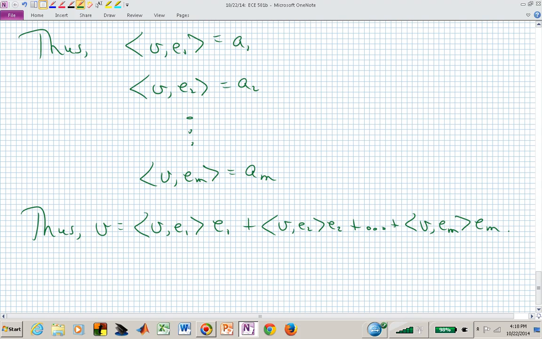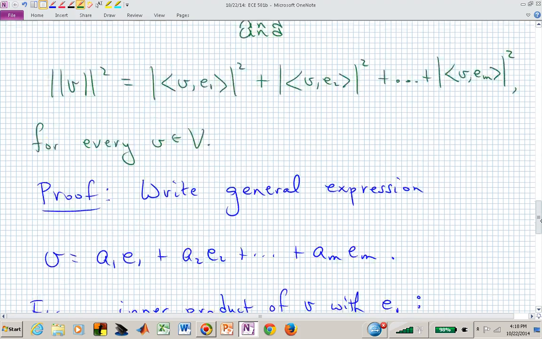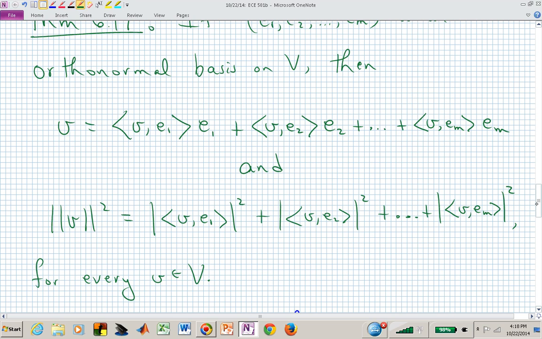The other part of the theorem: since we know that V can be written as A1E1 plus A2E2 up to A sub M, with the coefficients appropriately defined by these inner products, then we can write that second piece by the previous theorem, proposition 615.